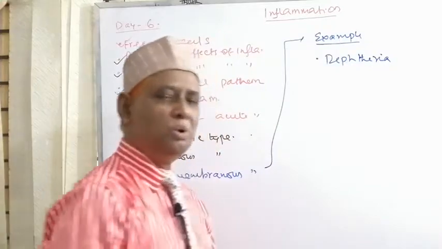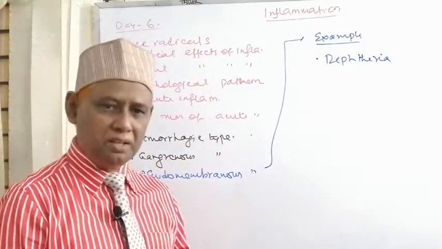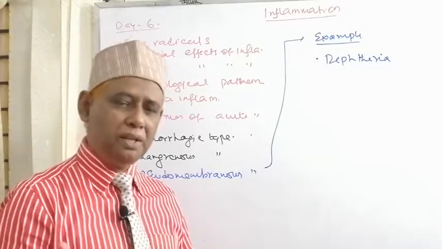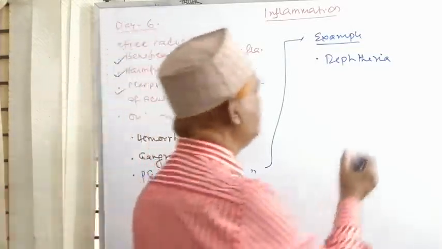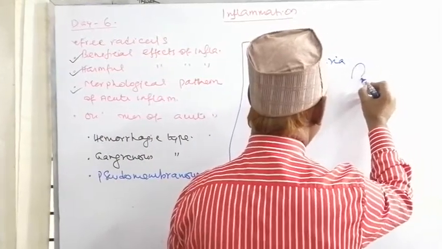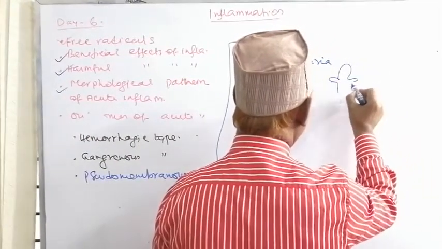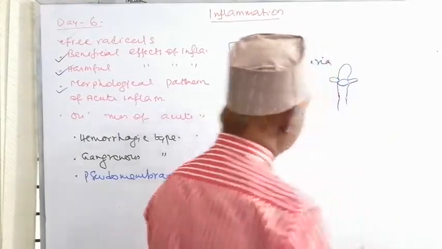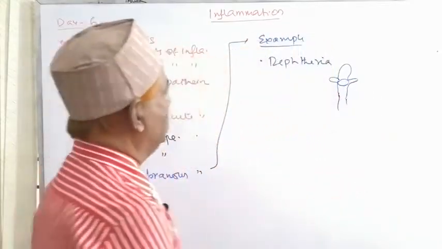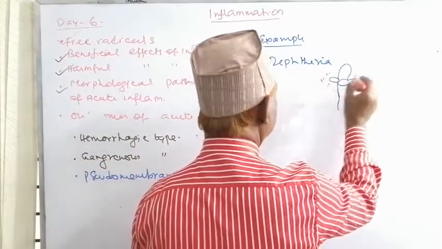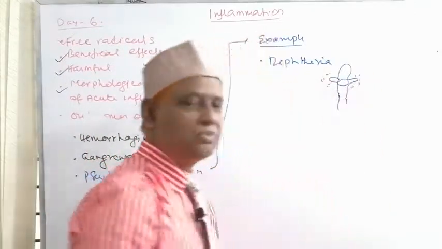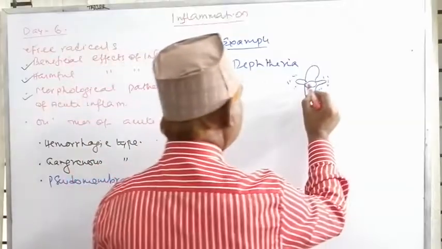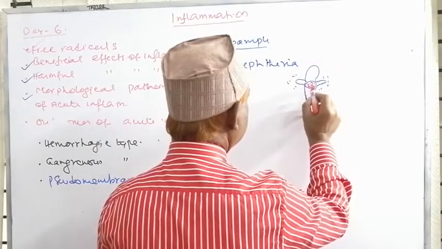Dear audience, you know diphtheria usually occurs in throat, in and around the tonsil. Suppose this is the inlet of larynx like this. If diphtheria occurs here, this diphtheria may produce false membrane in the inlet of larynx, and there will be asphyxia.